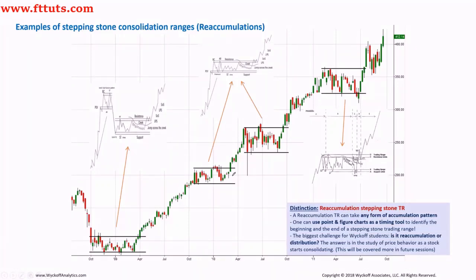Again, it seems to be the same concept, right? A concept of accumulation, a reaccumulation, another reaccumulation, another reaccumulation. And yet, look at the different variations on the same bullish bias.